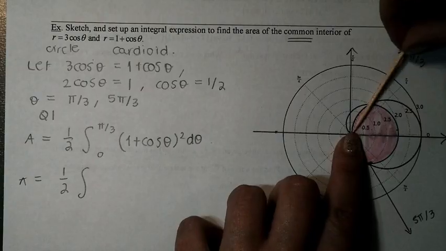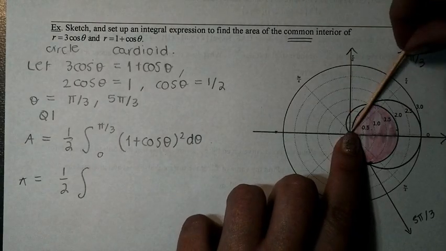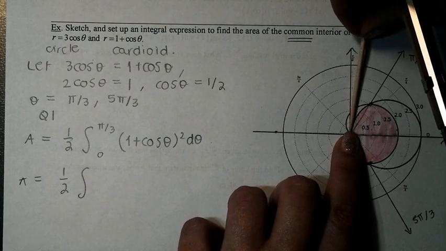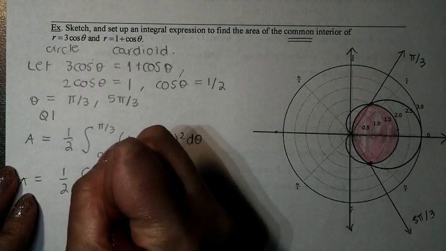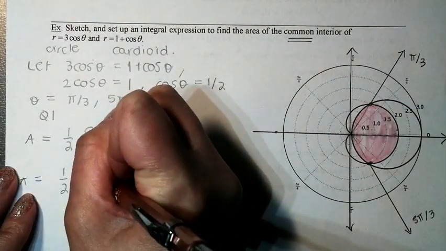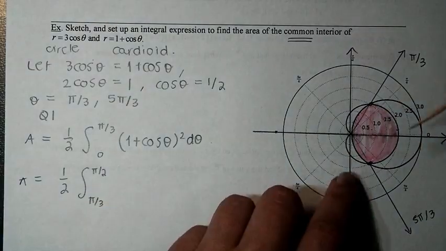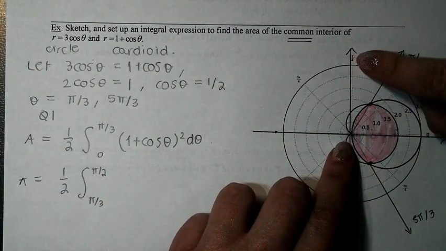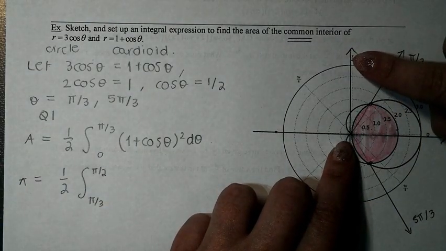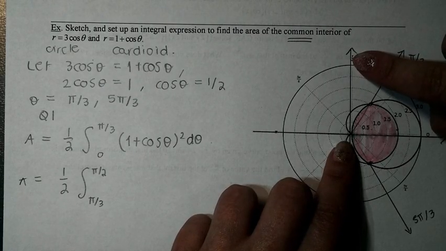Why do we know it? Because you know your unit circle. So this one is going to be pi over 3 to pi over 2. Are we okay with that? Why pi over 2? Because that's a quarter, that's where quadrant 1 ends.